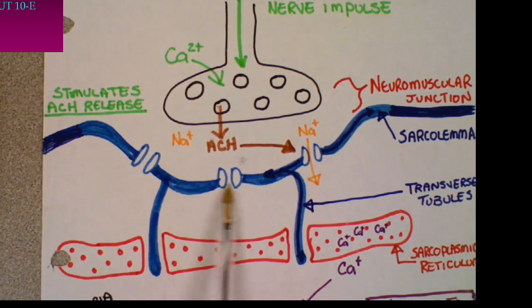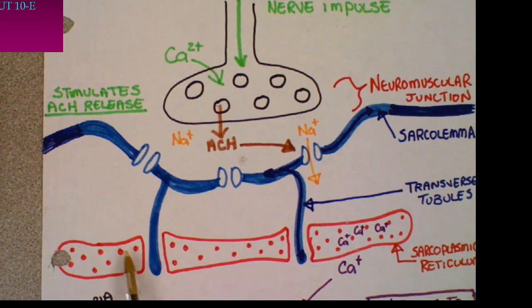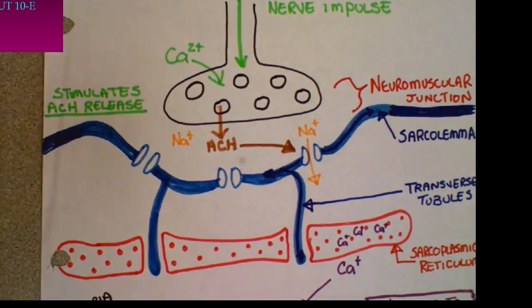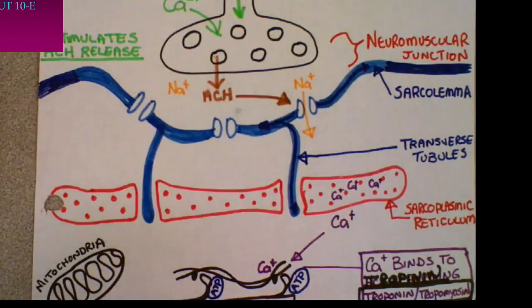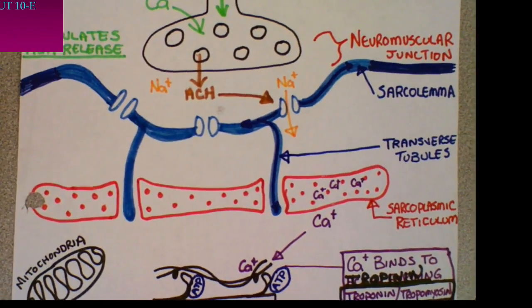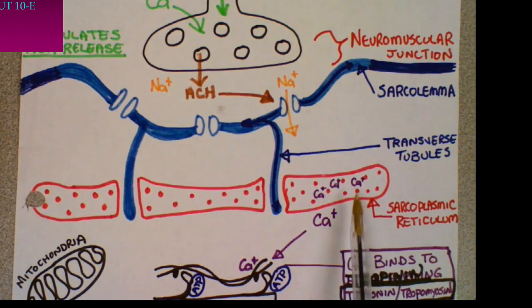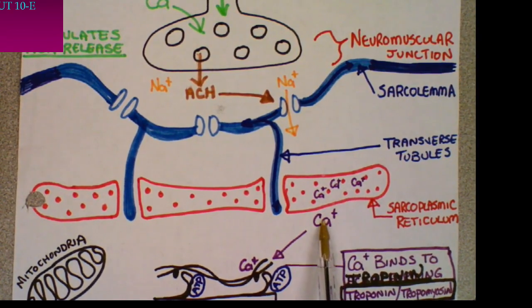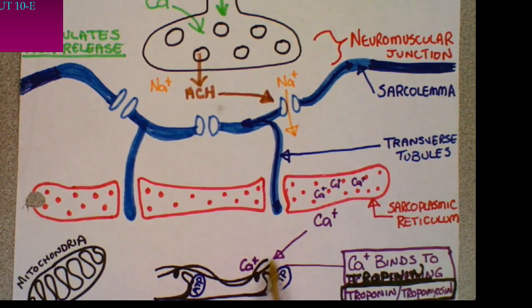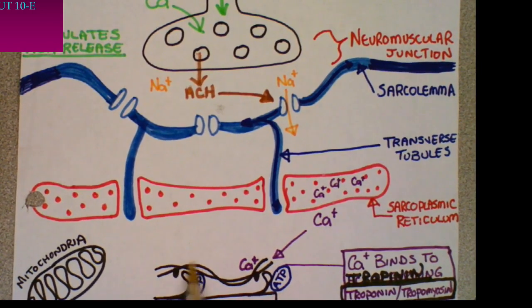So the action potential is going to move through the transverse tubules to the sarcoplasmic reticulum, and that's what I've got right here in red. So we've got this sarcoplasmic reticulum. Now the sarcoplasmic reticulum contains calcium. That calcium is then released. It dumps out, goes to the sarcomere.